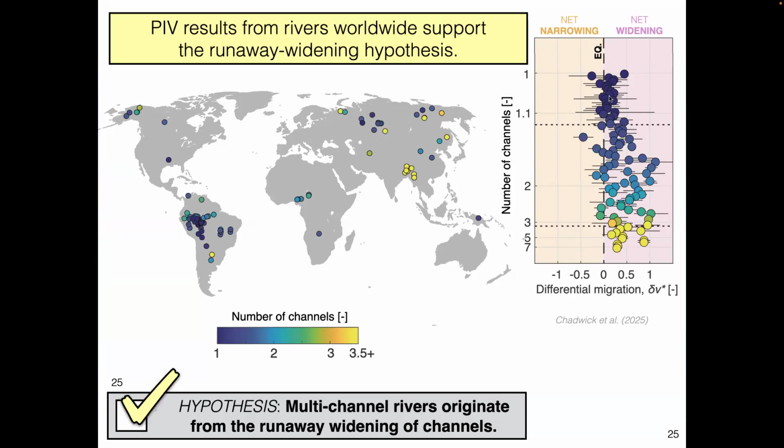And then as we add the multi-channel rivers, we can see peeling off of the population into this pink regime, which is the net widening and erosional side. So this is consistent with this hypothesis that these multi-channel rivers originate from the runaway widening of their subchannels.